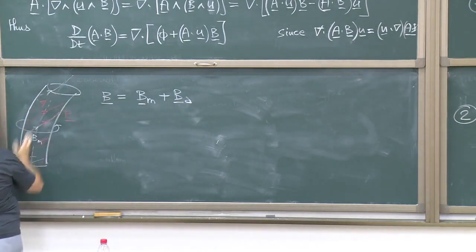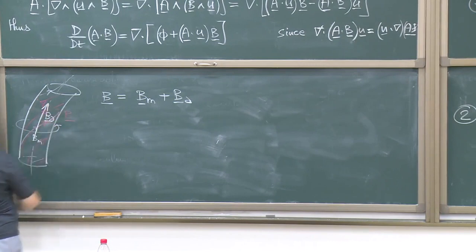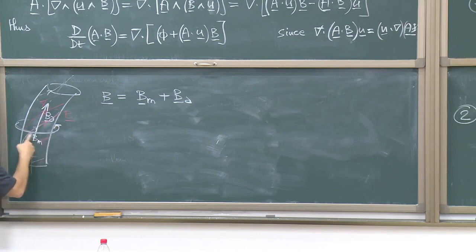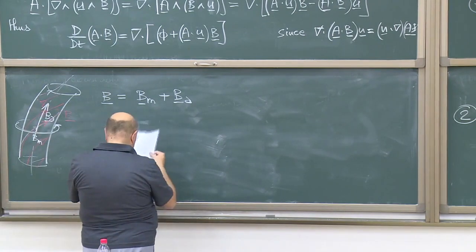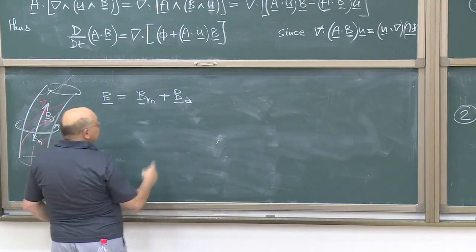The axial field is along this direction. So there is a meridional field BM like this combined with the axial field, and the axial field is prevalent over the meridional field.